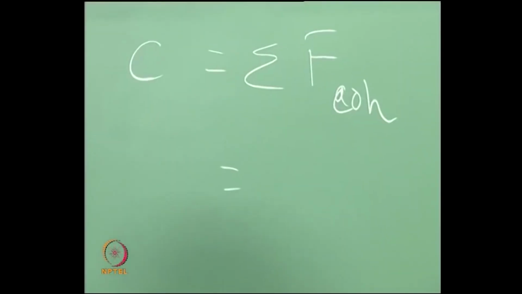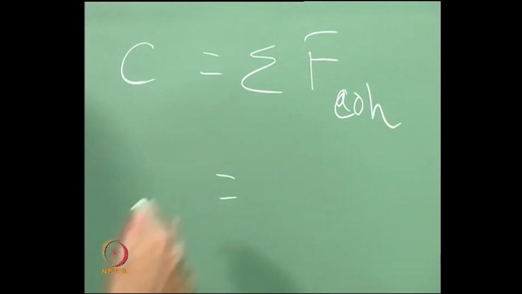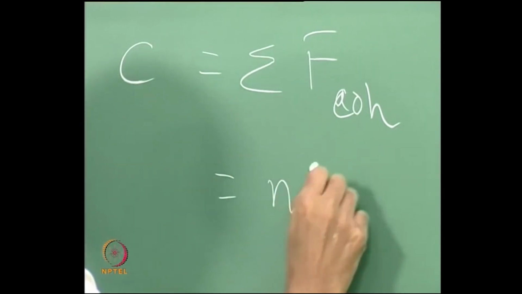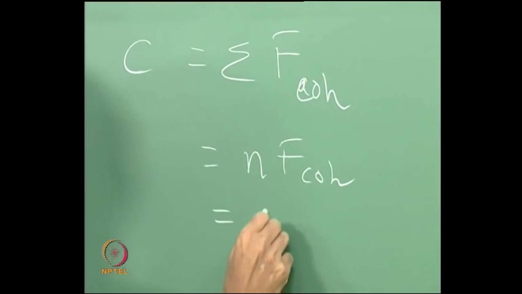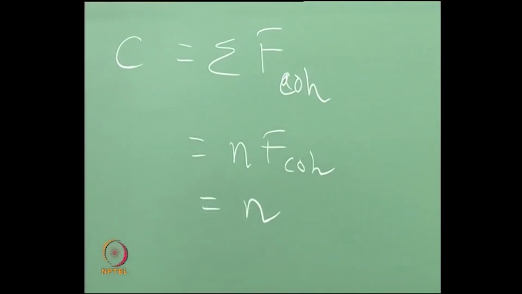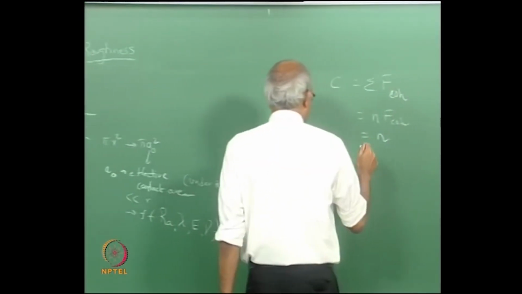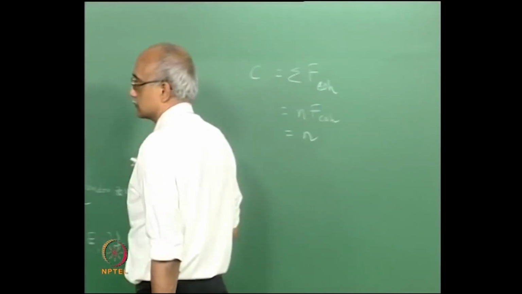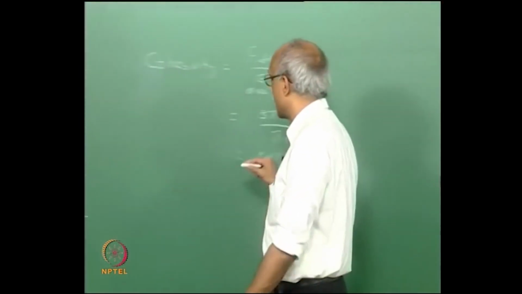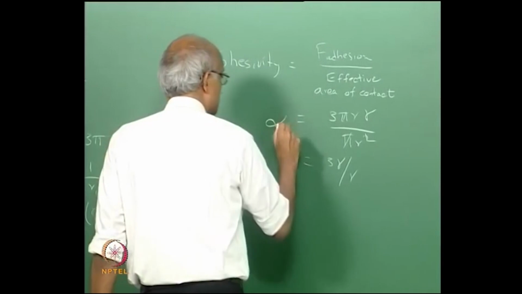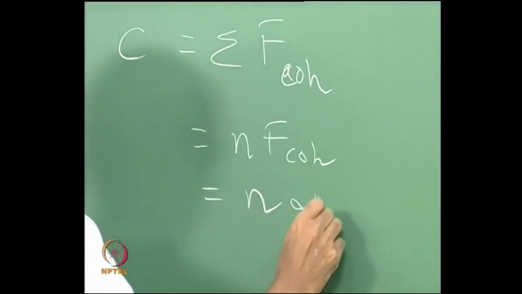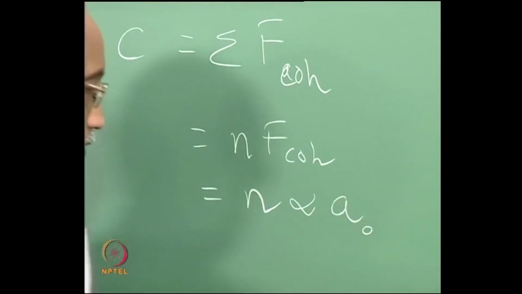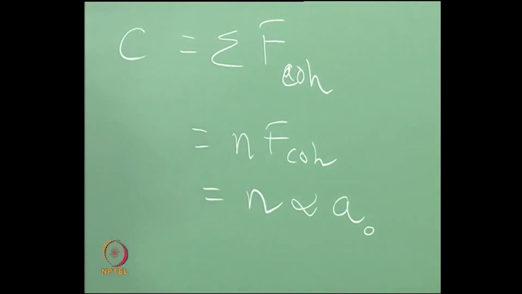Another way to look at it is to say that this is equal to some n times F cohesion, or n times the cohesivity, let us call that some alpha, n times alpha times effective area A0.